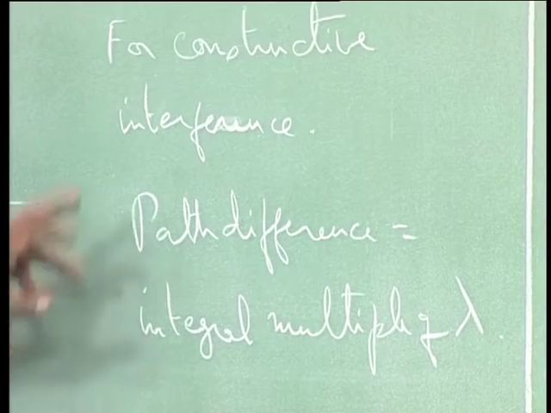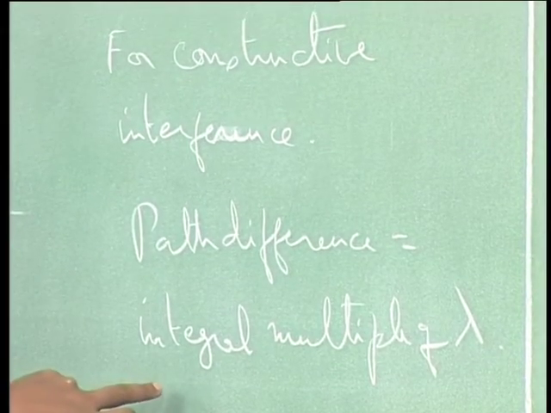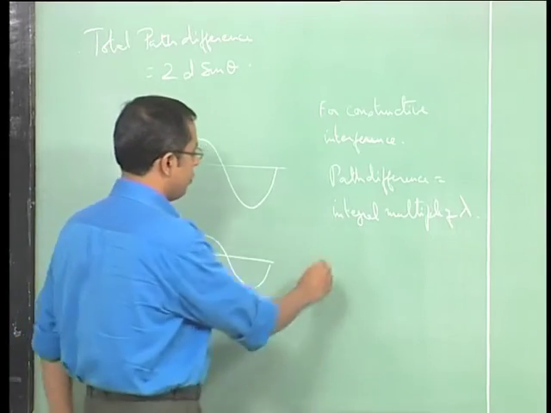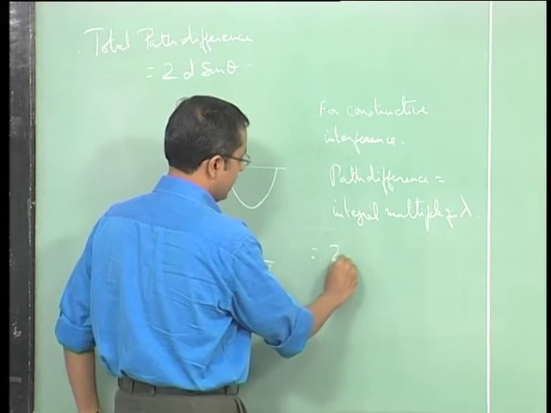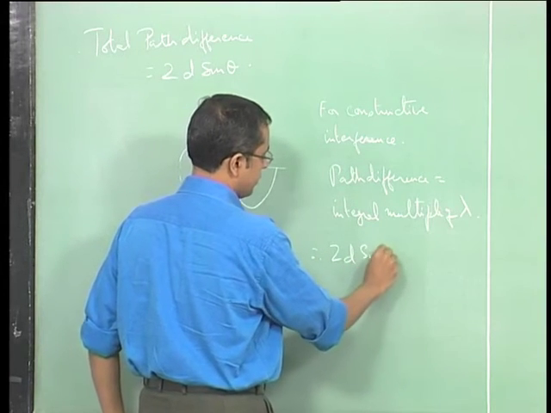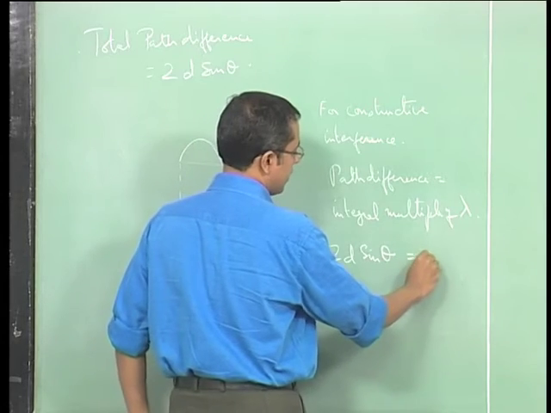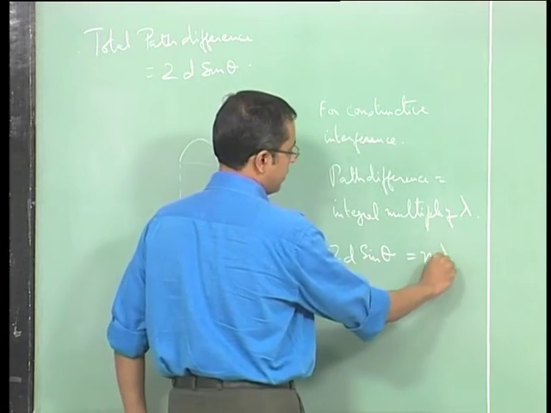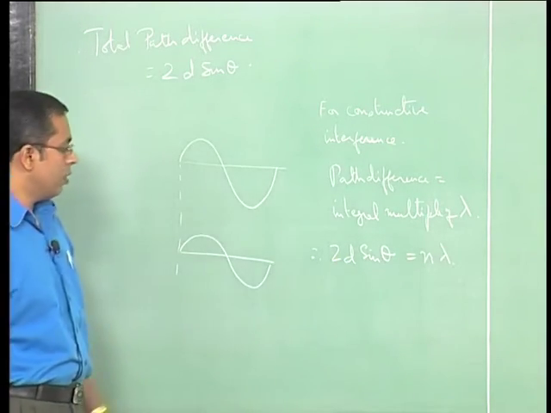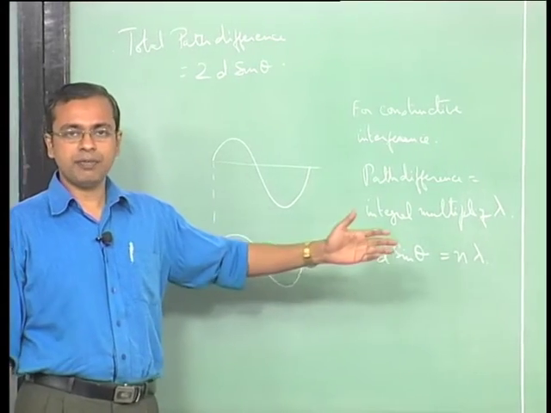For constructive interference, a path difference should be equal to integral multiples of lambda. Therefore, we say 2d sin theta, which is the total path difference, should equal some integer n times lambda. When this is true, constructive interference occurs.